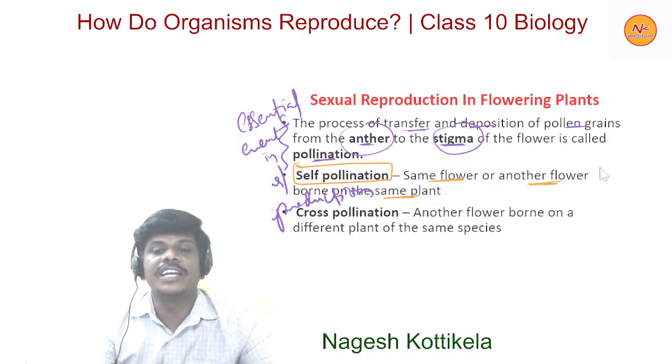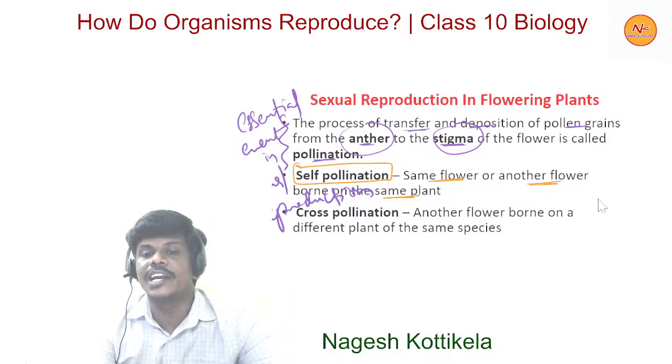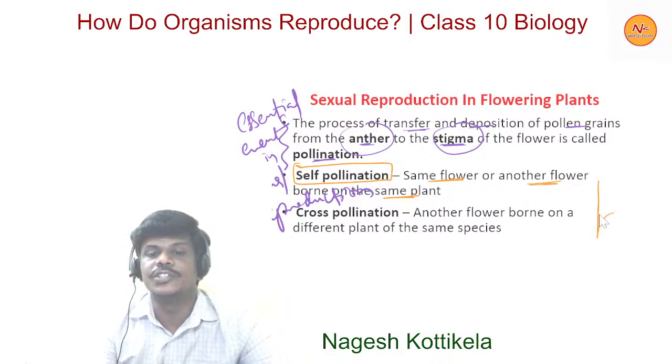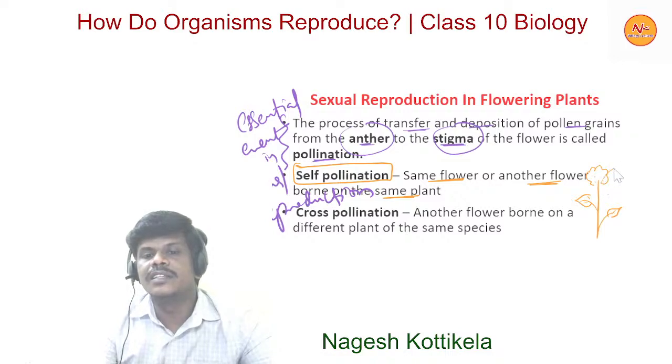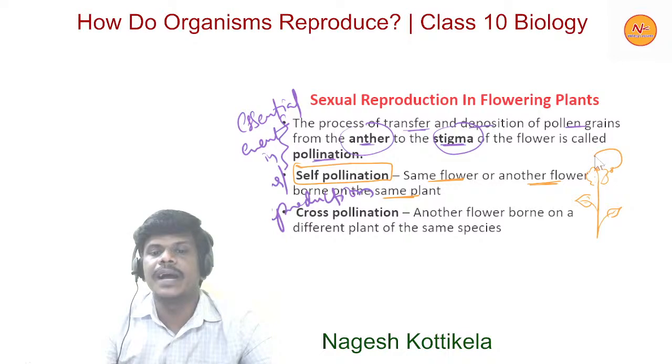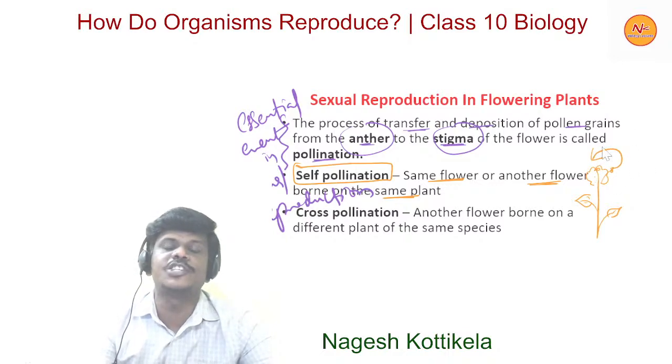Okay, if I draw here for better understanding, let's suppose this is a plant, and in this plant, let's suppose this is a flower. If this is the anther and this is the stigma, and pollen grain is transferred from anther to stigma, then this is self pollination.